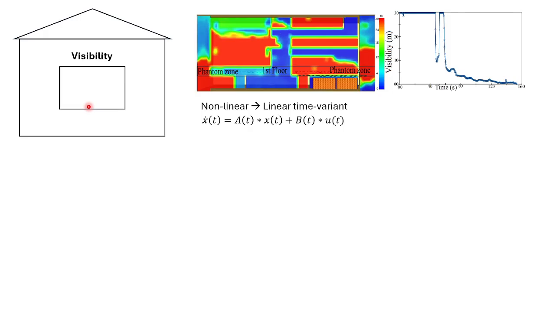As time proceeded, the dynamics of the environment, in terms of just the visibility, had been changing, and that was driven by the fire. So as there was a dynamic change in the visibility, there was also a change in the state, and that change in the state is defined by this equation.